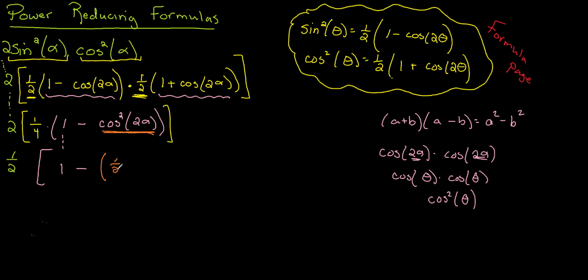It's going to be 1/2 times 1 plus cosine of 2 theta. In other words, whatever your input argument was over here in the parentheses is going to be 2 times that. So if I had a 2 alpha to start with, now I need 2 times 2 alpha. There is a lot of parentheses, but again, we're going to stay very, very organized here so we don't lose any pieces of the puzzle.